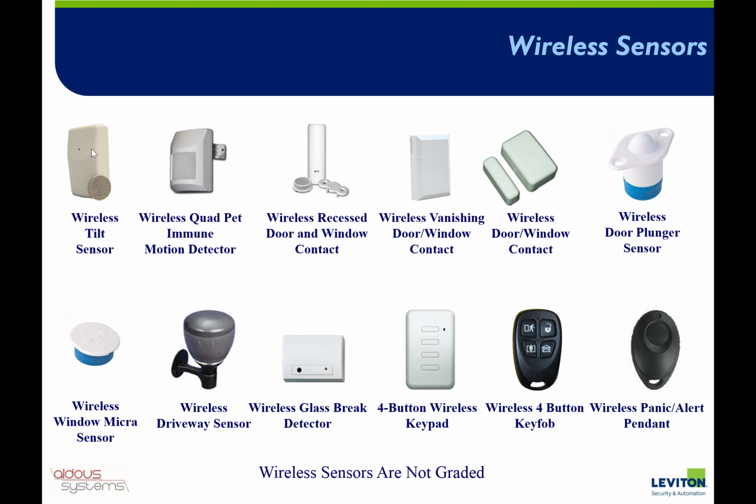So any third-party sensor can be incorporated into the system wirelessly by wiring it into this sensor. Maybe there's a particular PIR you need to use, or a particular light beam sensor or something. You can make it wireless by wiring the volt-free output from that third-party sensor into the wireless tilt sensor, and it basically wireless enables it.